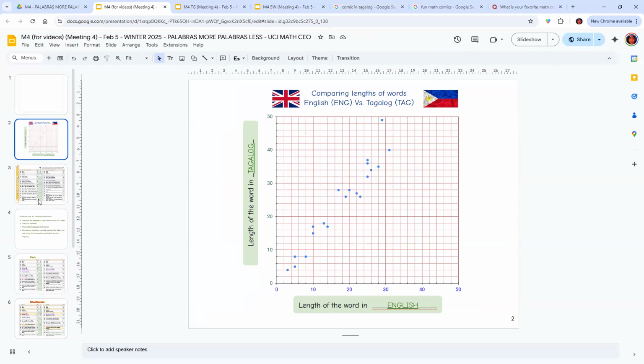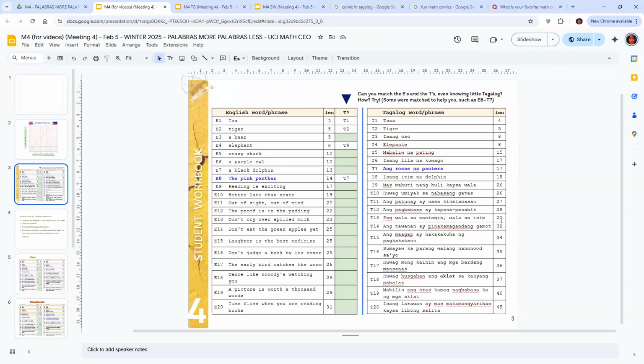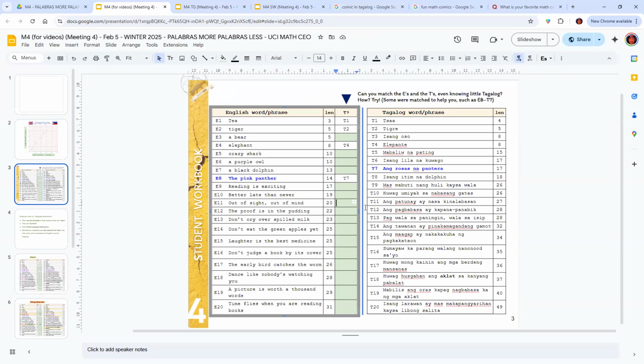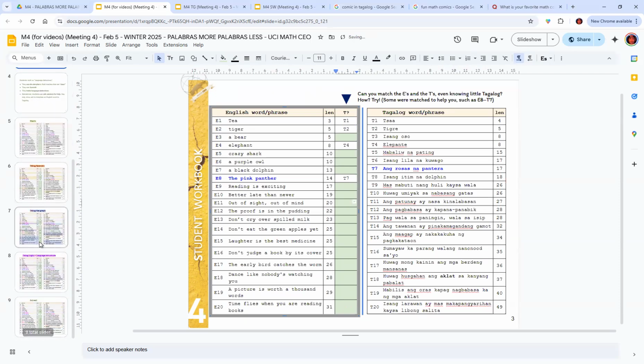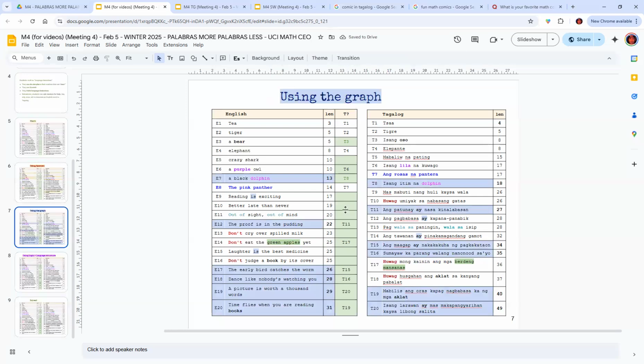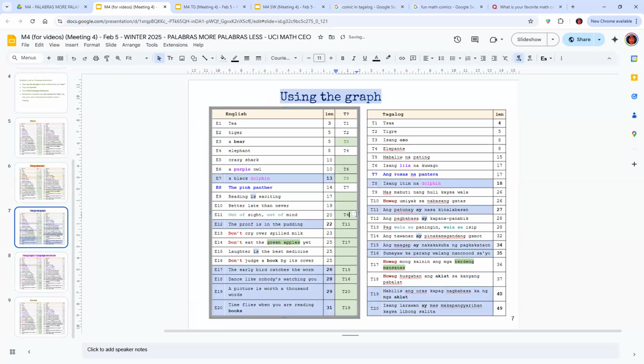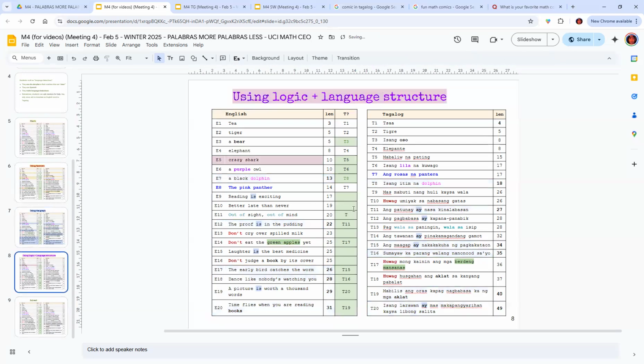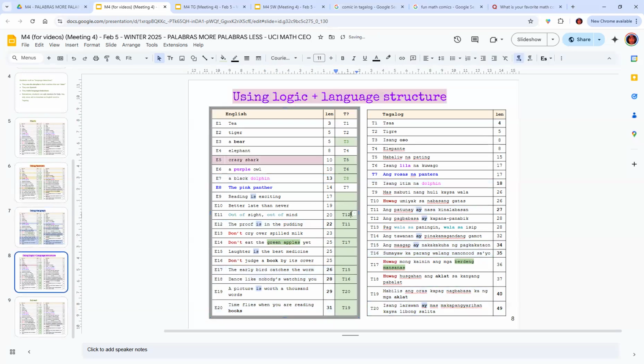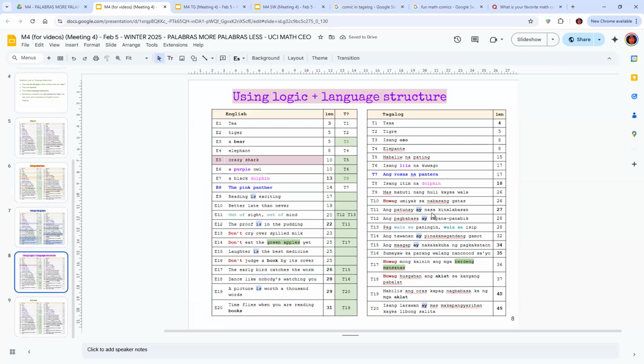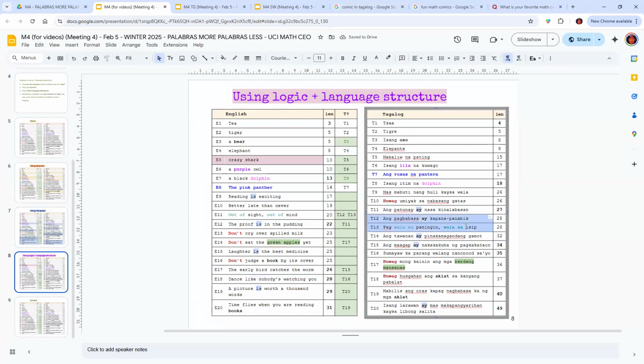Or 28, which are these two, so T12 or T13. I'm gonna see which one, T12 or T13.